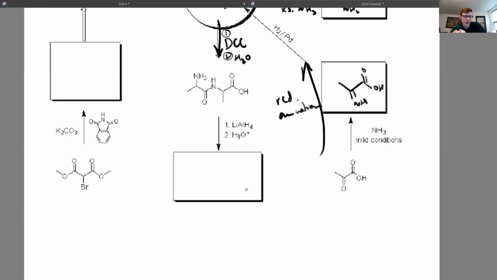Either that or it'll just reduce the acid, and possibly this carbonyl too. I can't remember the reaction that lithium aluminum hydride does on amides. Let's see.